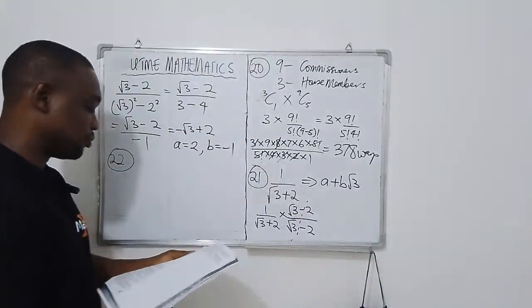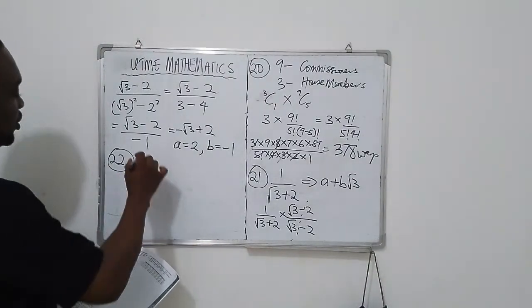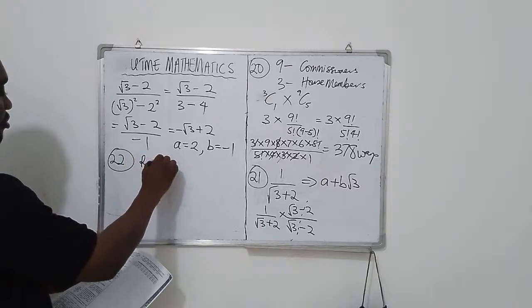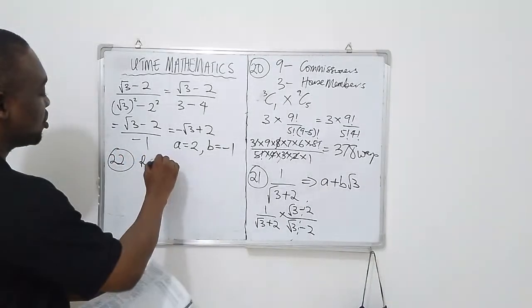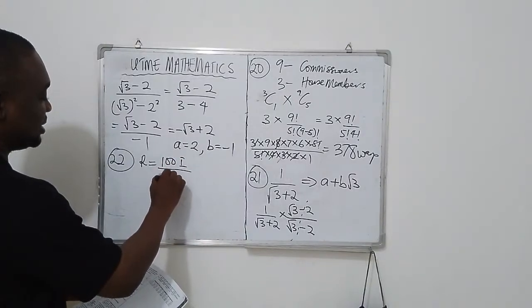Now, first of all, we know from our simple interest formula that the rate is 100I over PT.